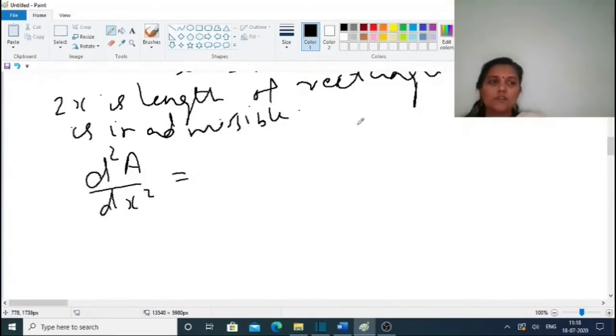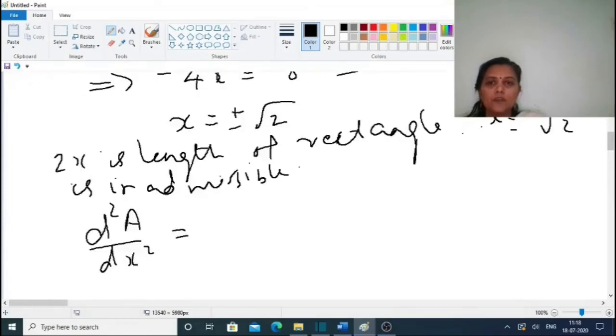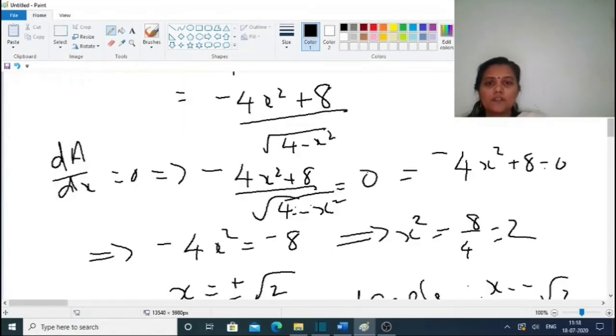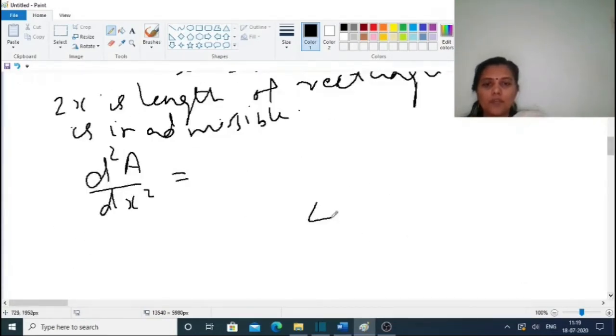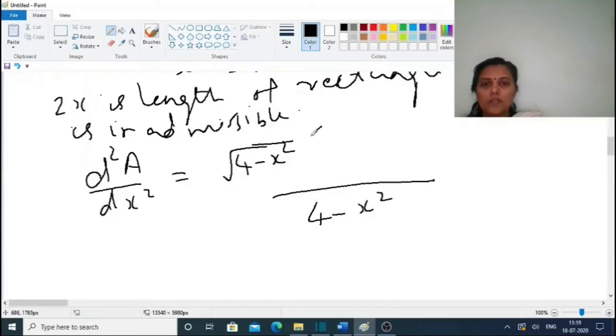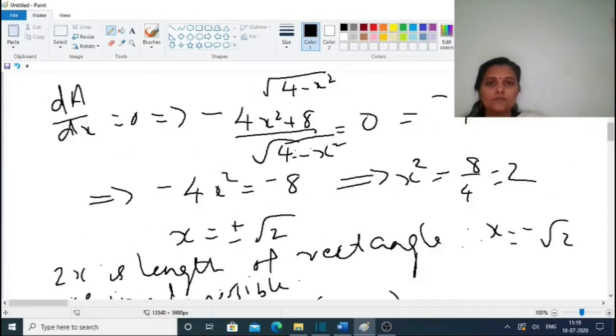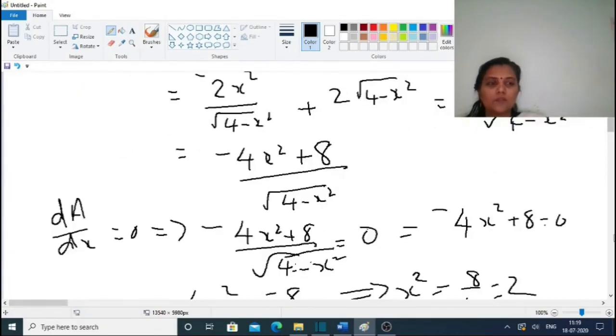Which is equal to dA by dx is minus 4x square plus 8 by square root of 4 minus x square. So 4 minus x square into square root of 4 minus x square into numerator is minus 8x.